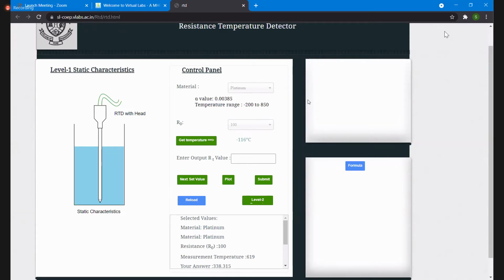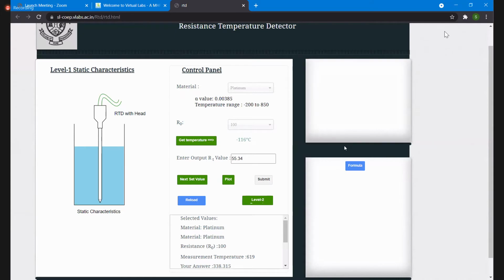By plotting the graph, we got a straight line. Yes, correct. If you conduct the experiment for 3 different values, you won't get a straight line; you will get different shapes for the line. Wait.